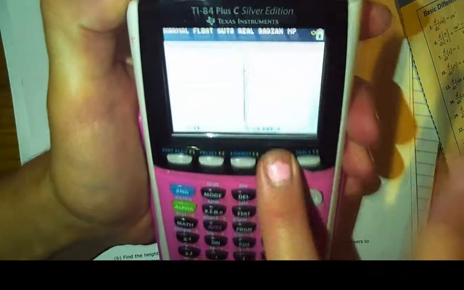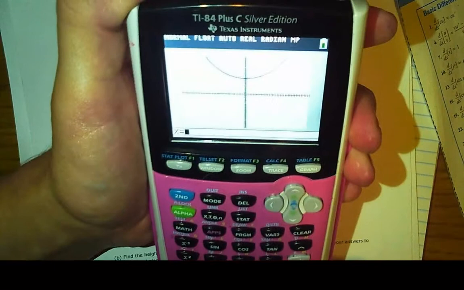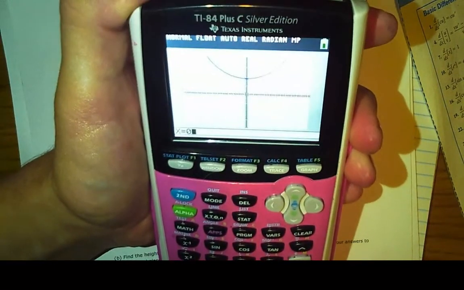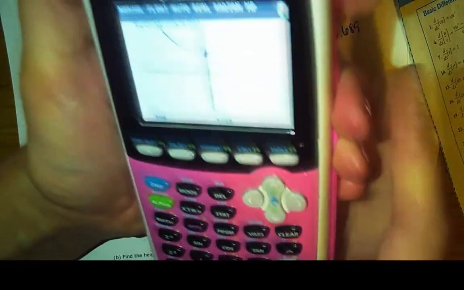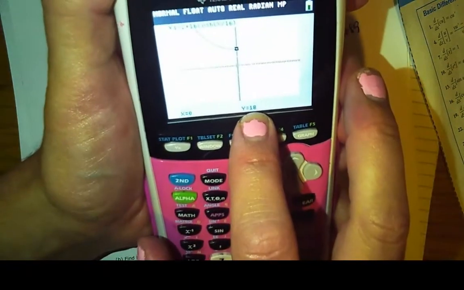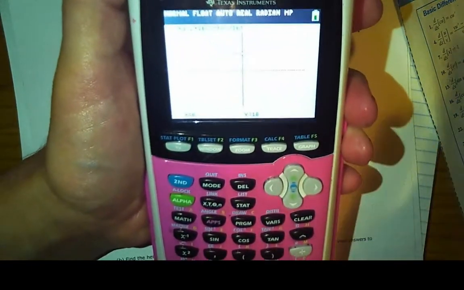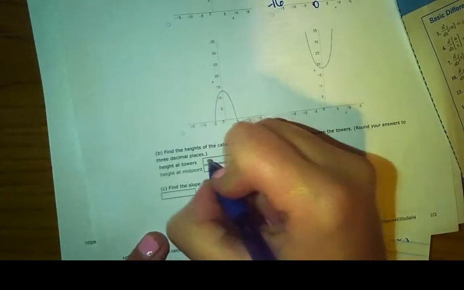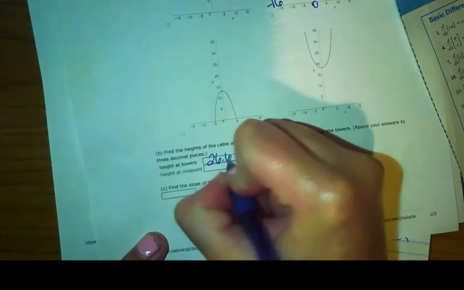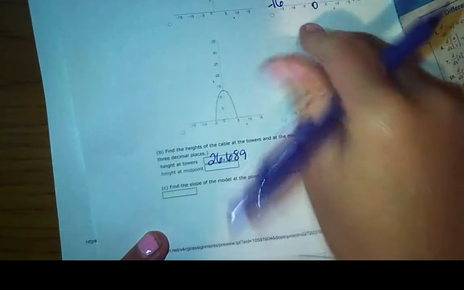Okay, so let's verify that the value at the midpoint, which is 0, is actually 18, which it is. So now I found those things just using my calculator, so I didn't actually have to evaluate anything. I know that the height at the towers is 26.689, and I know that the height at the midpoint is 18 feet.